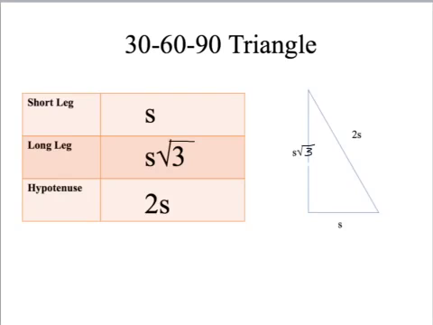Okay, so 30-60-90 triangles have a special relationship, and I'm not going to derive this one for you, but let's just talk about what it is. We have a 90-degree angle here, a 60-degree angle here, and a 30-degree angle. Notice how my 30-degree angle opens up on my shortest side. How do I tell it's my shortest side?